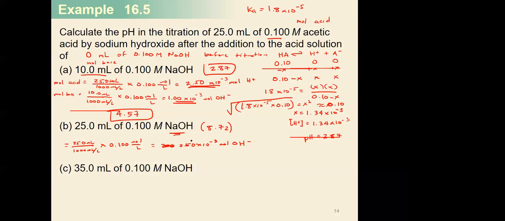Now the last one. Again, we have the 2.5 times 10 to the negative 3 moles of the H plus, but this now becomes 3.50 times 10 to the negative 3 moles of hydroxide. So where did I get this one? 35 divided by 1,000 times 0.1. So I do the same thing. Which one is in excess? Sodium hydroxide is in excess.